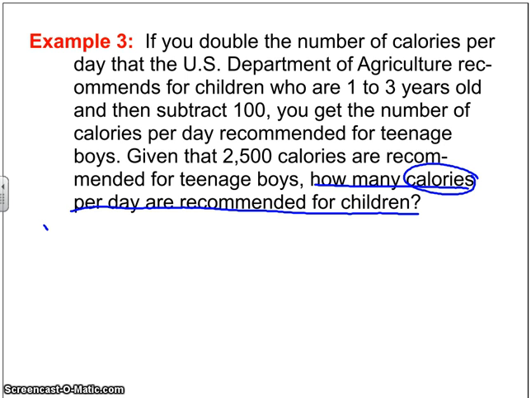Okay, how many what? Calories. So we are going to use C as our variable, since C is what we are going to be solving for. And again, keeping in mind that we know the amount of calories for teenage boys. This is calories for children. A lot of information here, okay? Let's go back through the problem. If you double, what does double mean to do?